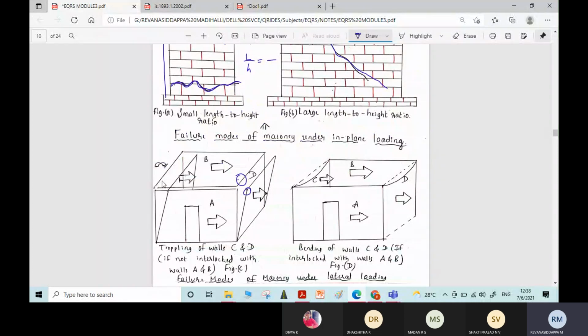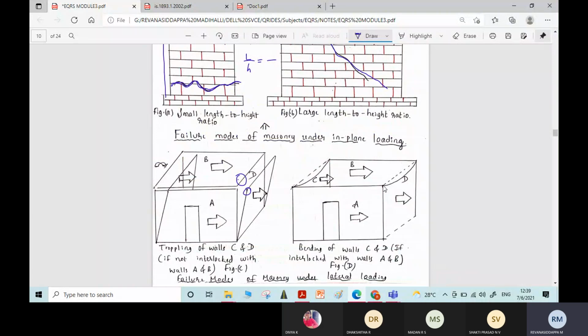If a lateral force acts onto the structure, because of improper connection between the joints, the wall itself will fail directly, as shown in the figure.